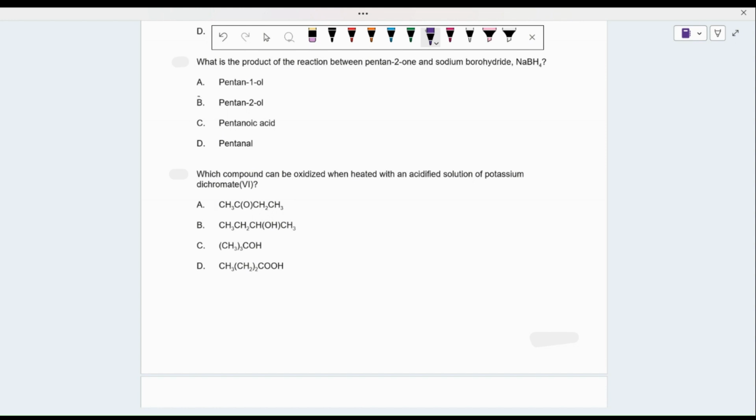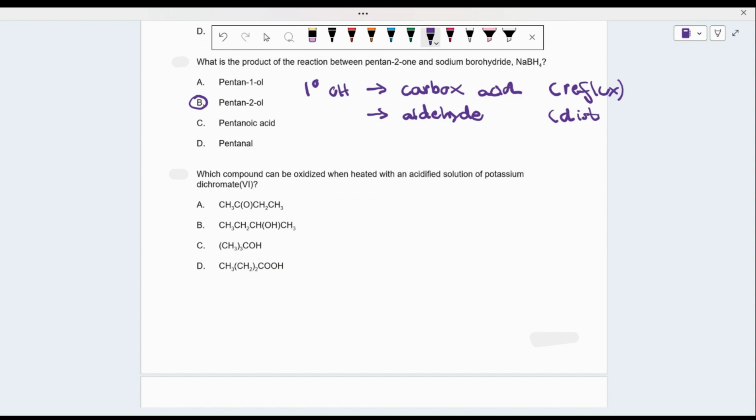It will be a secondary alcohol. If you remember, primary alcohol goes either to a carboxylic acid, if it's reflux, or to an aldehyde, if it's distill.